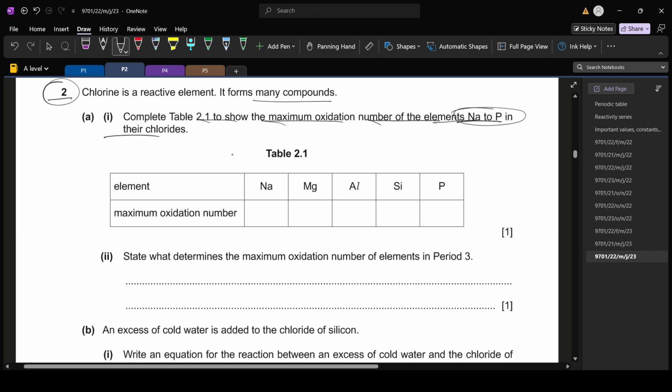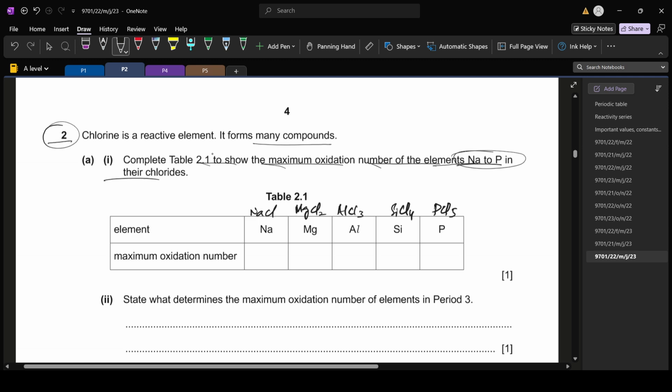So the formulas of these chlorides: for sodium chloride the formula is NaCl, for magnesium chloride it's MgCl2, for aluminum it's AlCl3, for silicon it's SiCl4, and for phosphorus it's actually PCl5 or PCl3, but you will write PCl5 over here.